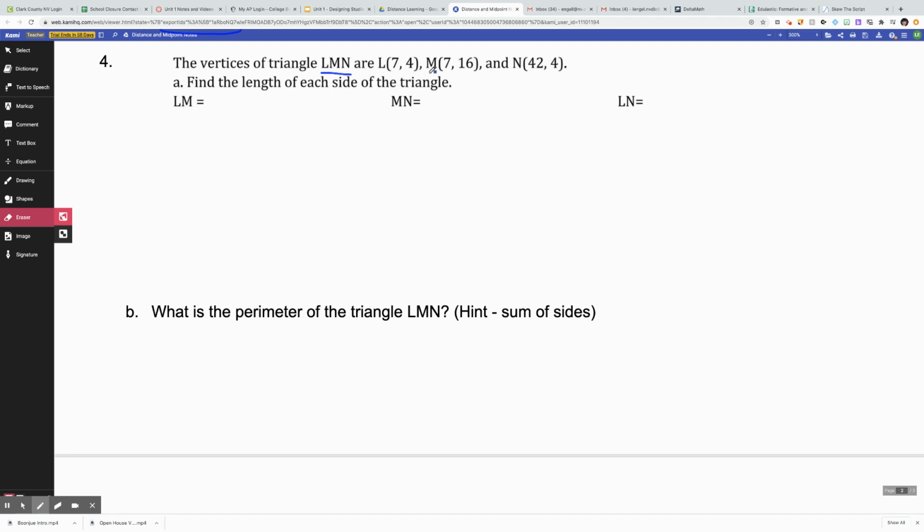So what I have to do is use the distance formula 3 times so that you can get the length of each of the 3 sides. So I'm going to do the distance formula once with points L and M. Then I'm going to do the distance formula again with points M and N. And then lastly, I'm going to do the distance formula a 3rd time with points L and N.